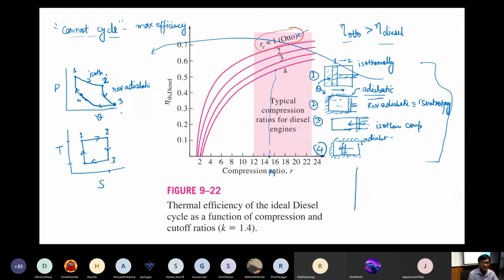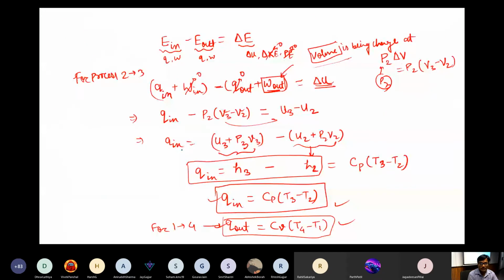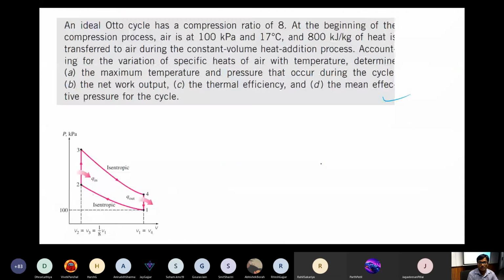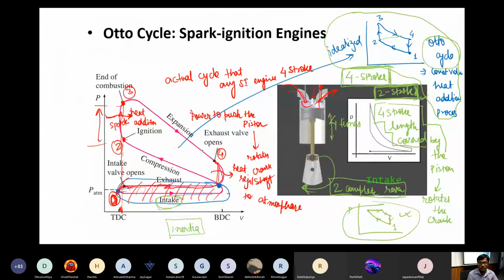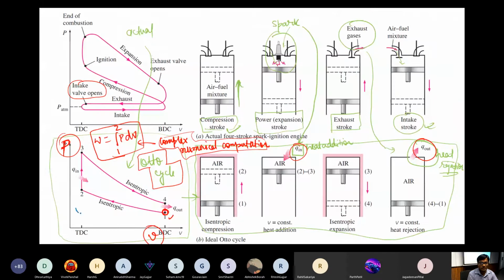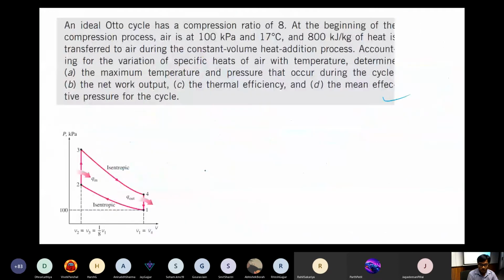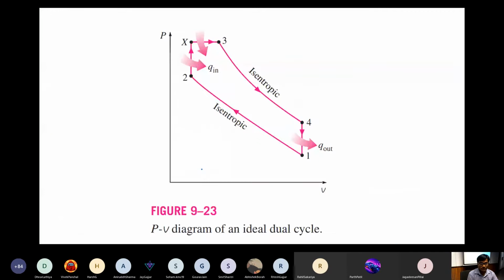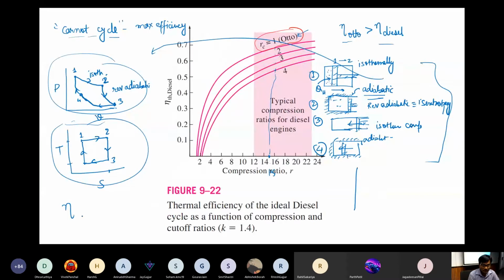So if we compare these plots with these plots, like your diesel cycle or your Otto cycle, and you do the calculations carefully, you will get that the efficiency is the maximum, and that maximum is nothing but 1 minus TL by TH, or this may be 1 minus T4 by T1.